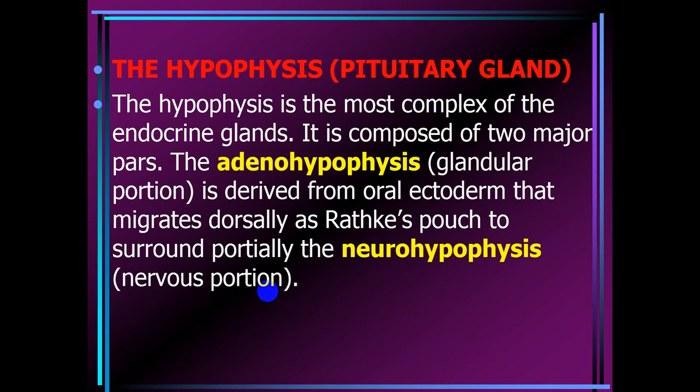For many centuries, doctors thought that the most important central endocrine organ is the hypophysis. And now we think that the hypophysis is the most complex of the endocrine glands, but it has subregulation from the hypothalamus, the anterior hypothalamus, which controls the activity of the hypophysis.